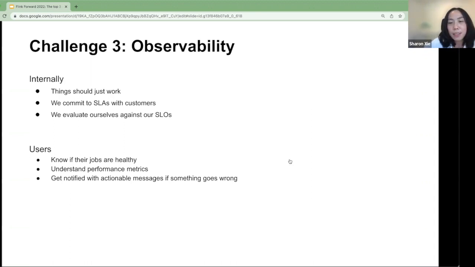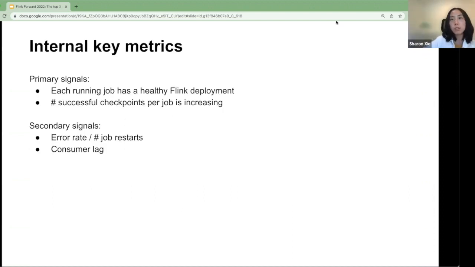But we actually did find something that's super useful, so I'll share that. For our internal key metrics, we separate those metrics into primary signals and secondary signals. Primary signals are absolute proof of health and functioning. So if they are true, we know our service is working.